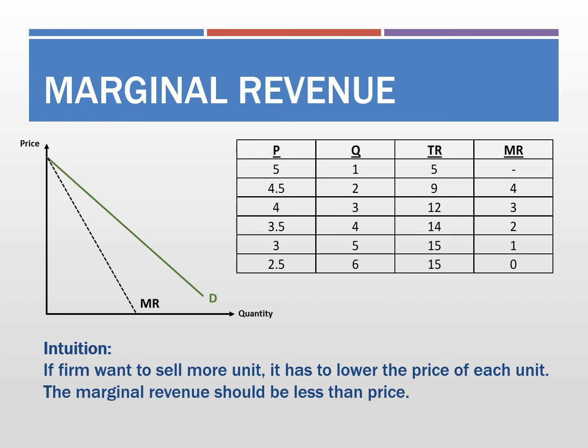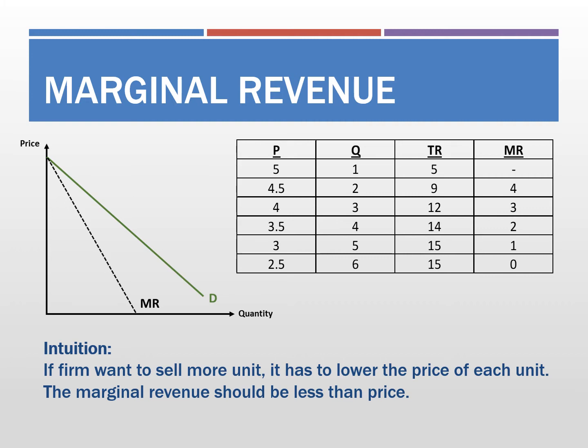For instance, when the firm is currently selling 2 units, it can charge $4.50 for each one it sells. However, when the firm is trying to sell a total of 3 units, not only the first 2 units, it has to reduce the price to $4. So the third one also needs to be reduced to $4.